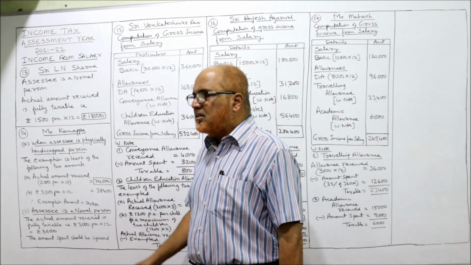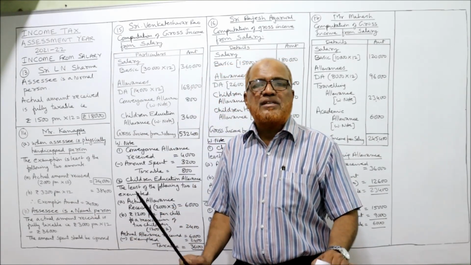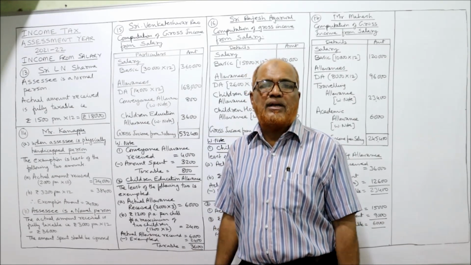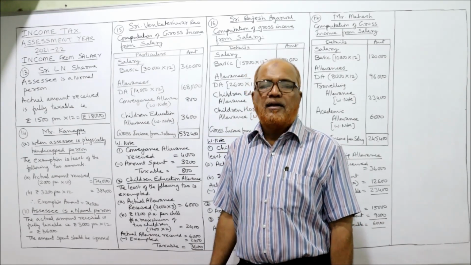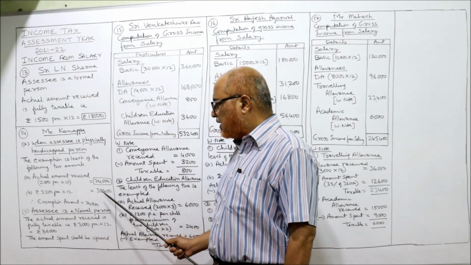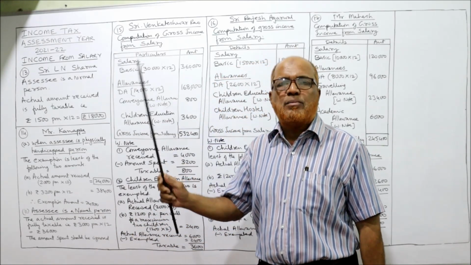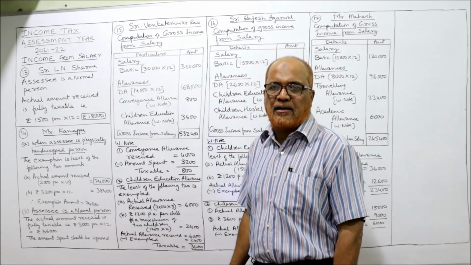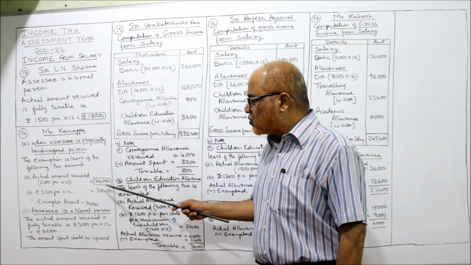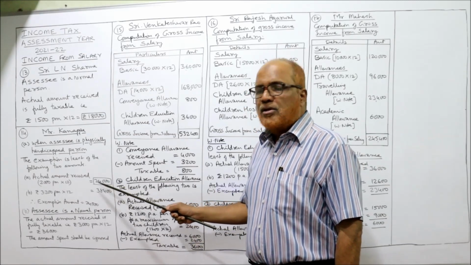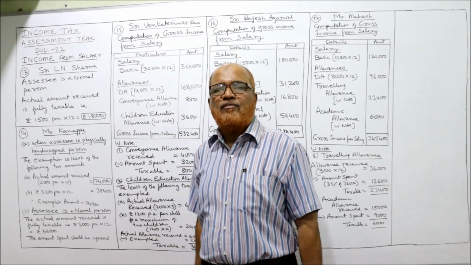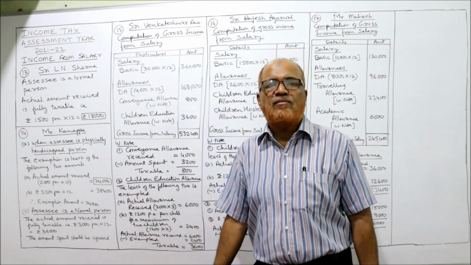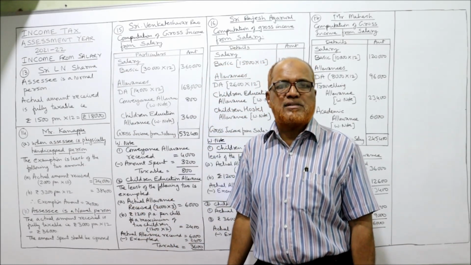Second, fixed 3,200 per month, the ceiling amount given by the Income Tax Act. 3,200 into 12, 38,400 is the maximum exemption ceiling. Which is the least? 24,000. So the exemption amount is 24,000 if the assessee is a physically handicapped person.